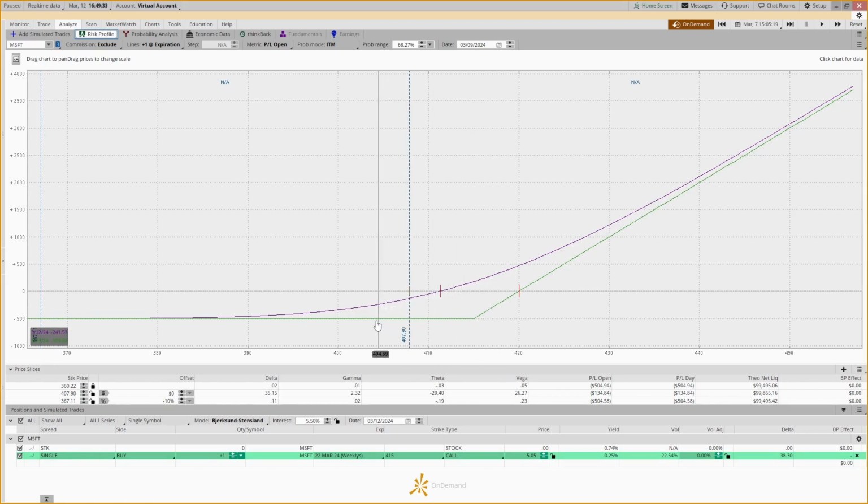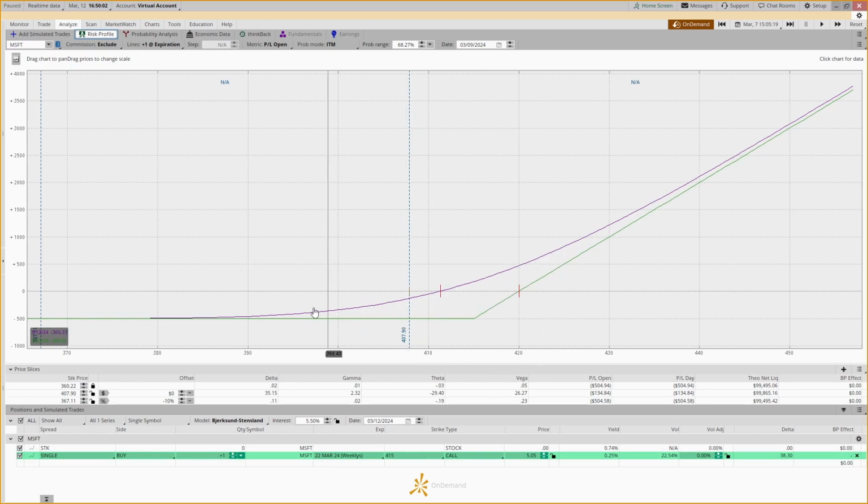Exactly on this green line that you see, it's sort of like an obtuse angle. This green line actually represents the profit and loss of this option by the expiration date. So what this means is that if today is March 22nd, which is the expiration date of this option, this is the sort of profit and loss that we should be looking at.